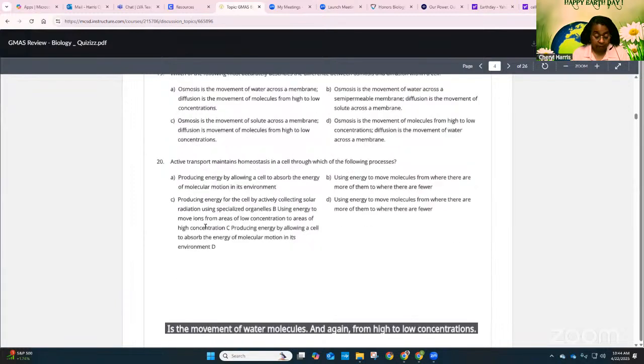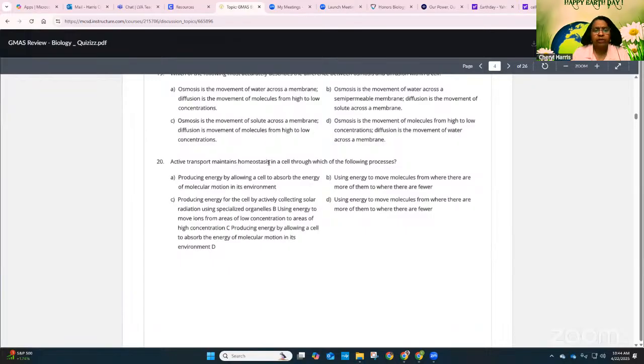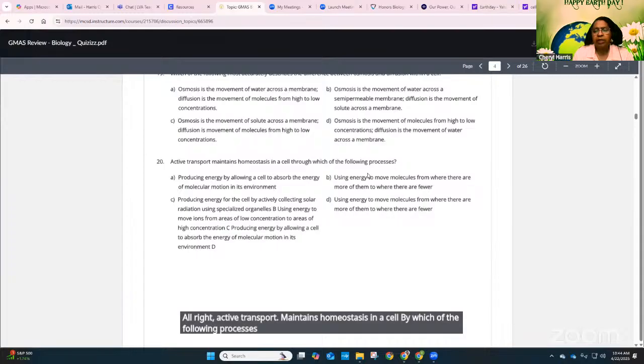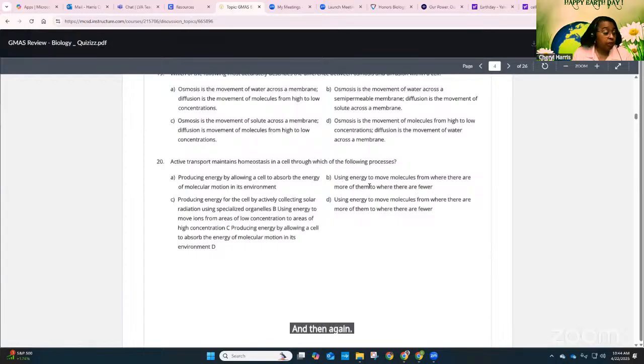All right, active transport maintains homeostasis in a cell by which of the following processes? And that's B, by using energy to move molecules from where they are to where they want them to be. And again, this is what I was talking about.